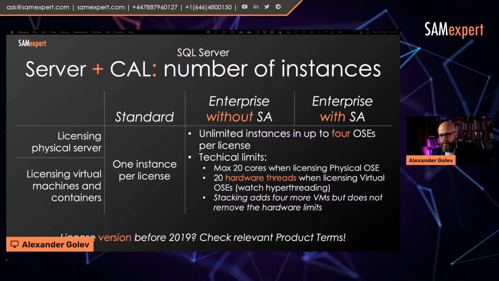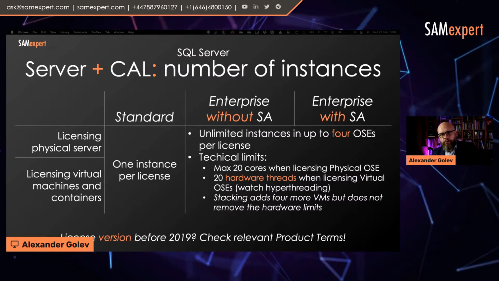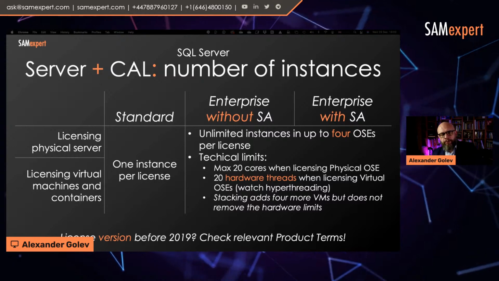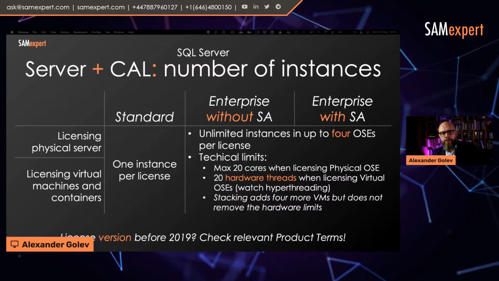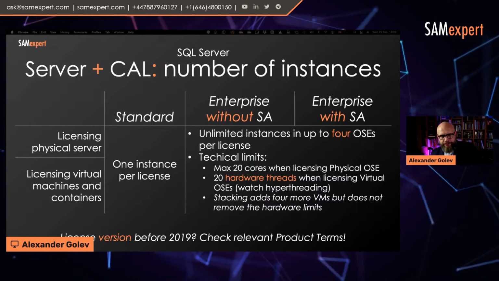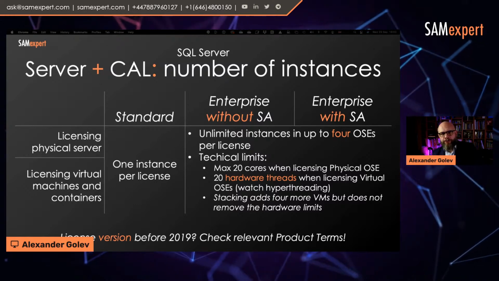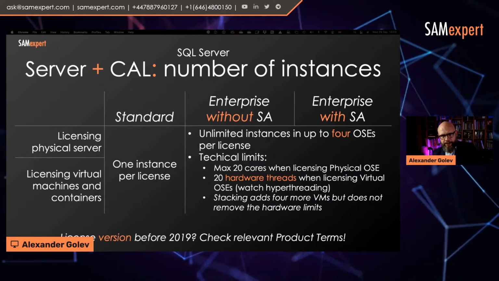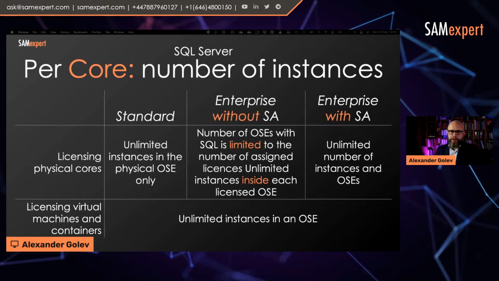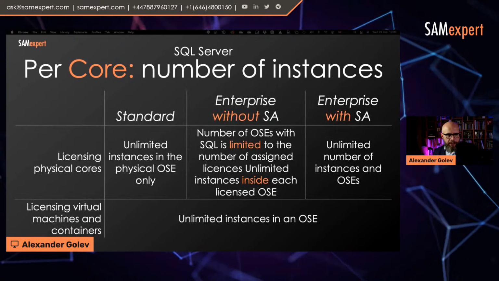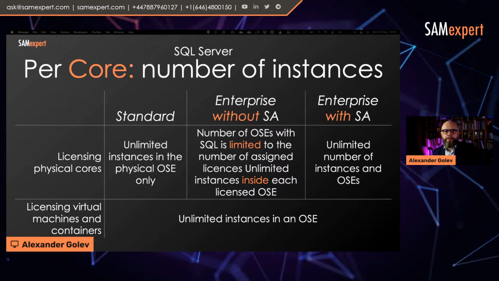And this is the first slide where I have this caveat in writing. If a license version is before 2019, 2016, 2014, whatnot, check the rules that apply to that version. They were different. SQL Server licensing evolves from version to version, sometimes drastically. What I'm explaining here is SQL Server 2019. If you have 2017, maybe the difference is not that big. If you have SQL Server 2014 or 2012, the difference will be bigger.